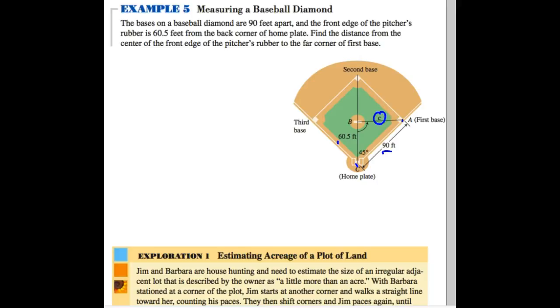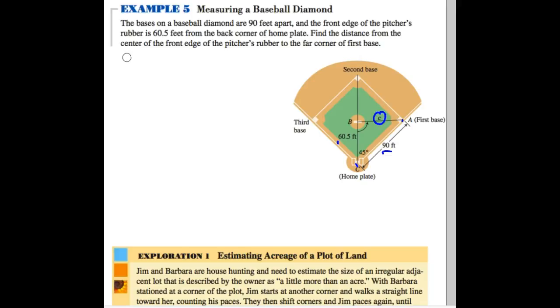Notice that they've given us a 45-degree angle. We have a diamond here where we've split 90 degrees in half. We're given 45 degrees for that smaller piece. All right, so if we want to find side C, we know an opposite angle and the two sides around it. We can use law of cosines.